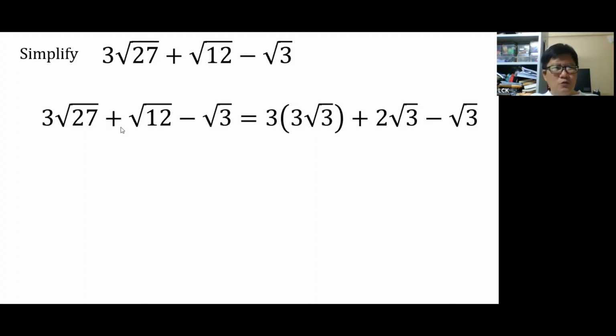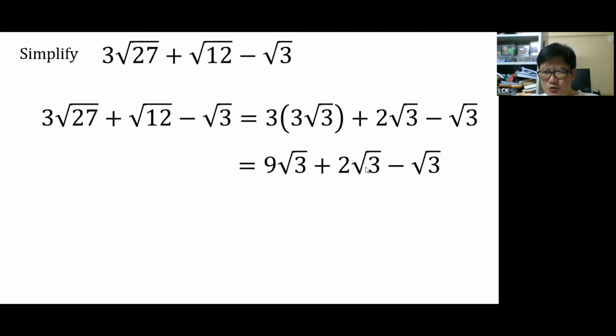You need to be able to spot this: 27 is 3 to the power of 3, 12 is 3 times 4, and so on. So once you're able to do this, 3 times 3 is 9 square root 3, plus 2 square root 3, that's 11 square root 3, minus square root 3 is 10 square root 3. 9 plus 2 is 11, 11 minus 1 is 10 square root 3. So that's how you do this simplification.